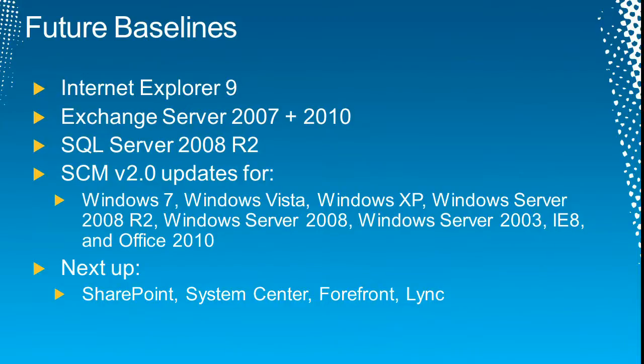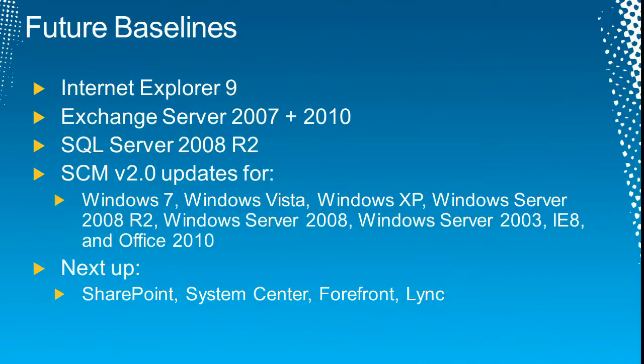We also have Internet Explorer 9 that's now been released, so we'll be creating the baseline for that, and that will come out. We're doing Exchange 2010 right now. We have a beta out of Exchange 2007. We have betas out of SQL Server, both 2008 and R2. And as we move into the future, there's many other products that we want to start to look at and configure baselines for.